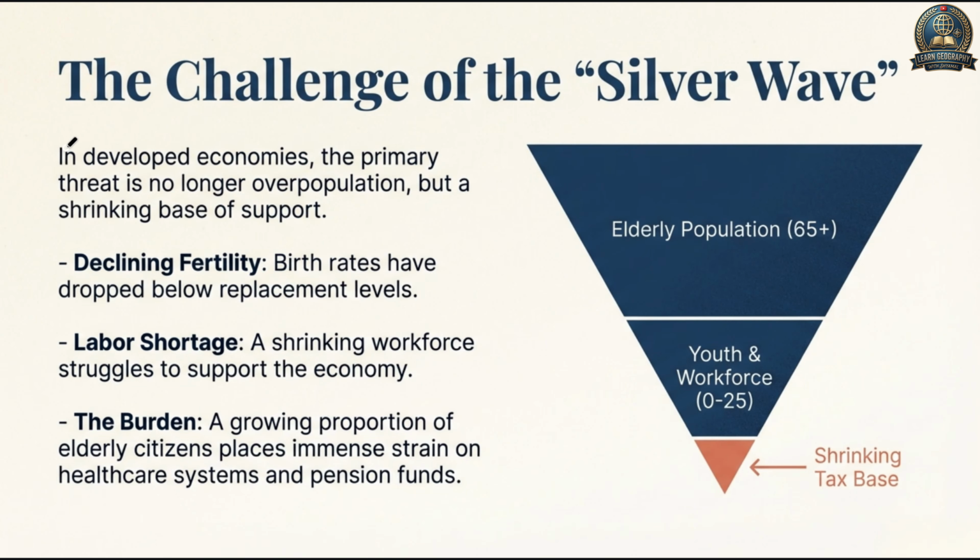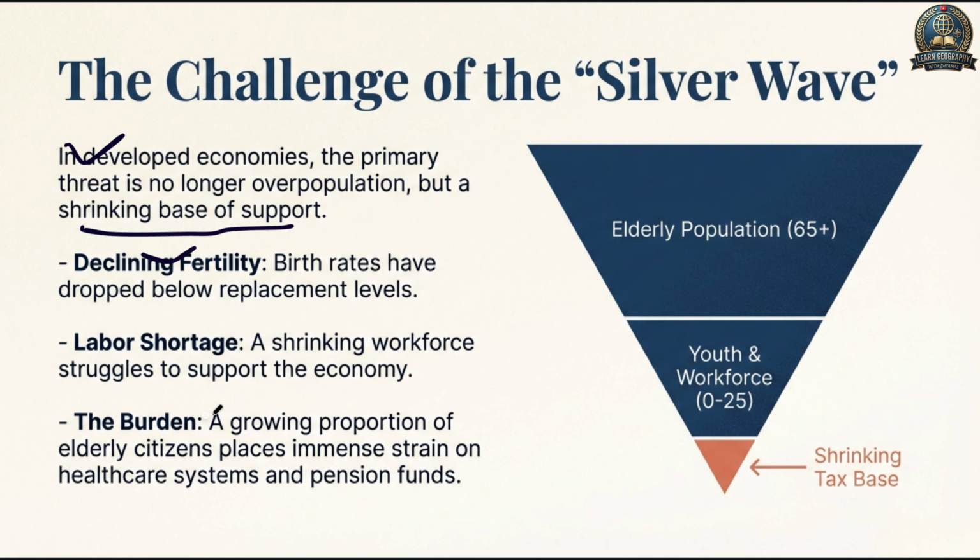Now, in developed economies, the primary threat is no longer overpopulation, but a sinking base of support. Declining fertility: birth rates have dropped below replacement levels. Labor shortage: a sinking workforce struggles to support the economy.